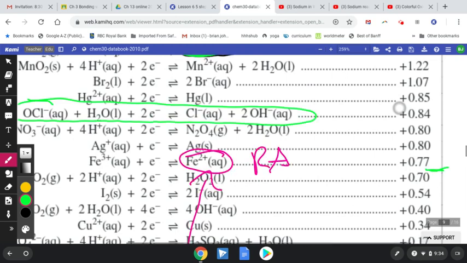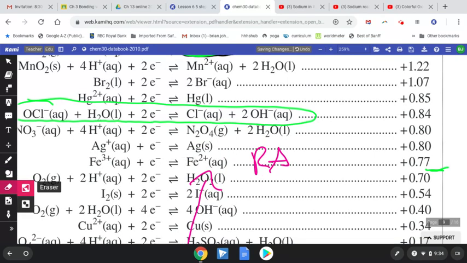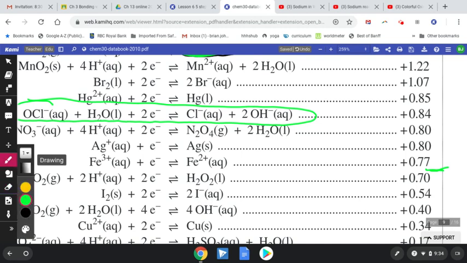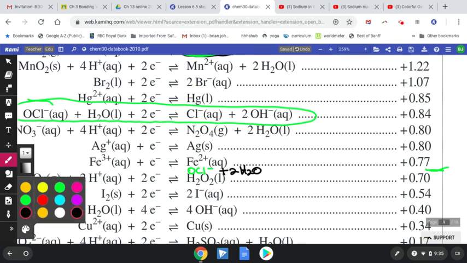So if I was going to add this one into my data book, it would sneak in right here. OCl minus, let's add some more color, plus 2 waters, and it's ClO3 minus, 4H plus, and 4 electrons.